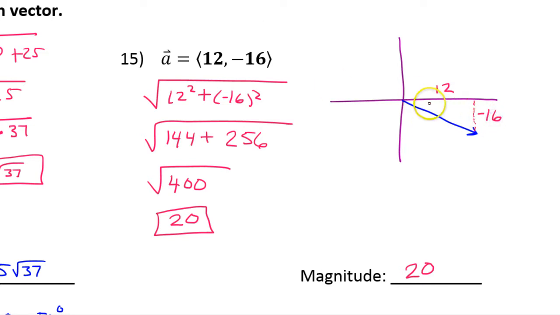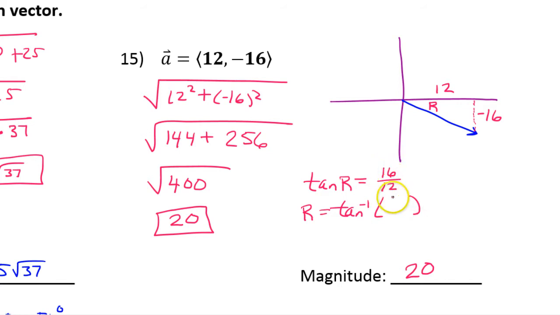So here we have the reference angle that we can find using tangent. So the tangent of the reference angle will be 16 over 12. So that means the reference angle will equal the inverse tangent of, I just feel like I should reduce this.